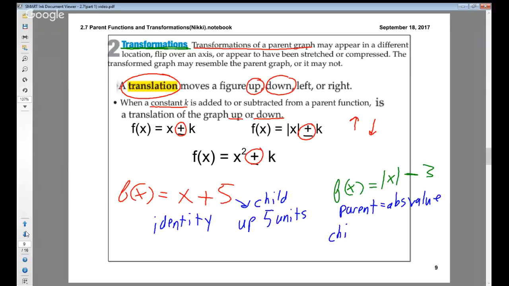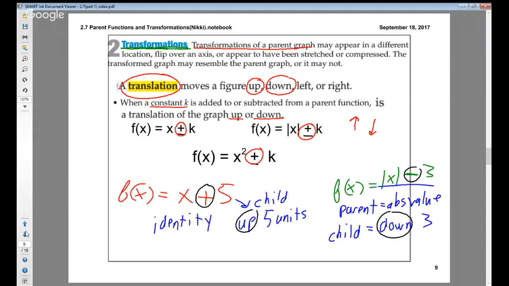And then the child function, the absolute value of x minus 3, is going to be moving down 3. So in other words, if you add a number, you move up, but if you subtract, you move down.